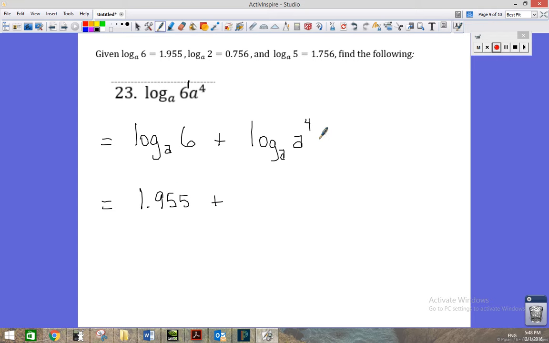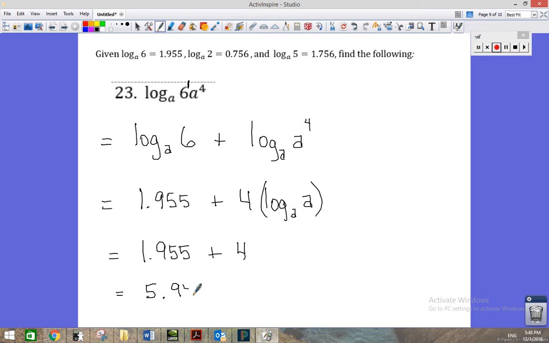And by the power rule, this exponent of 4, I can pull it down in front of the logarithm as a coefficient. So I have 4 times the log base a of a, and I know that that's 1. So the second term is 4 times 1, which is just 4. And so when I add these together, that's what I get. All right, so I hope that helps.